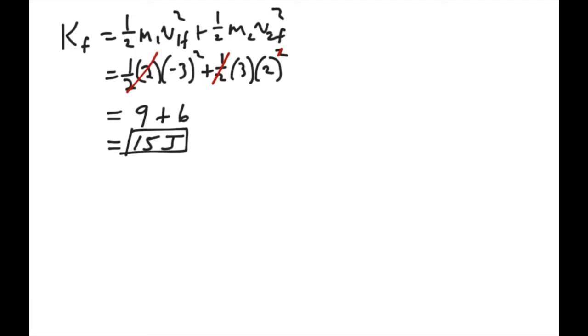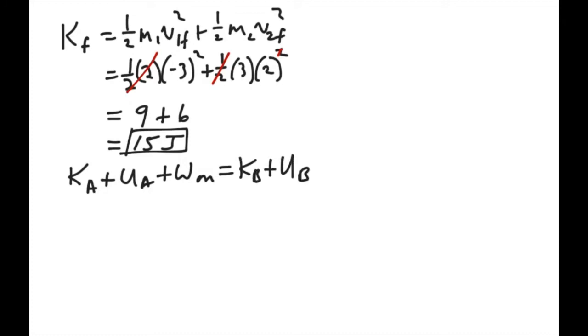But we wanted to find the initial energy of the spring when it was compressed. Well, we know from the one equation to rule them all that the kinetic energy at A plus potential energy at A plus any work done along the way equals kinetic energy at B plus potential energy at B. In this case, the A situation is our initial situation and the B is our final situation.